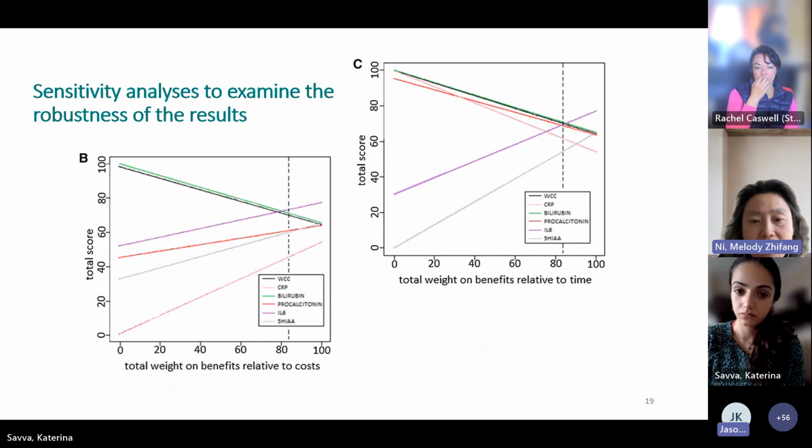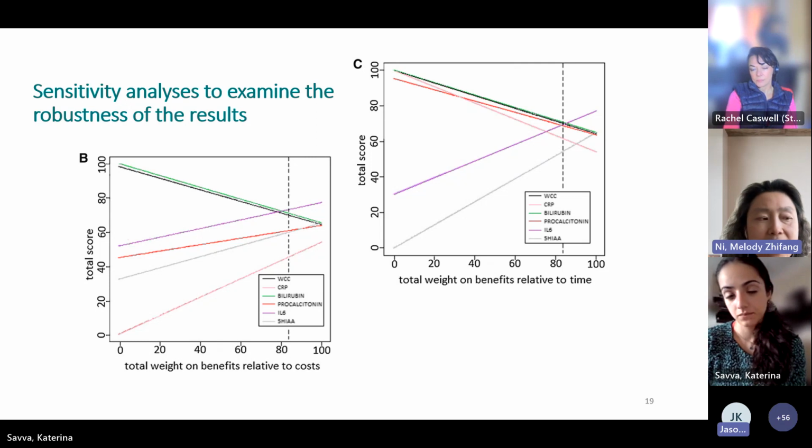And as we can see, for instance, the one that has the overall high score, which is bilirubin, and the second best option, which is the white blood cell count, represented respectively by the green and the black line on the graph, are actually really close, and also very sensitive to the weight. So the current weight is indicated by the dashed line. So basically, cost and time are up around 80% relative to the benefit.